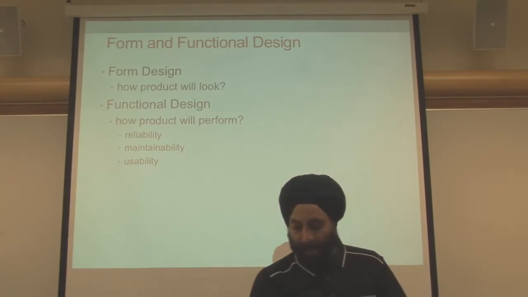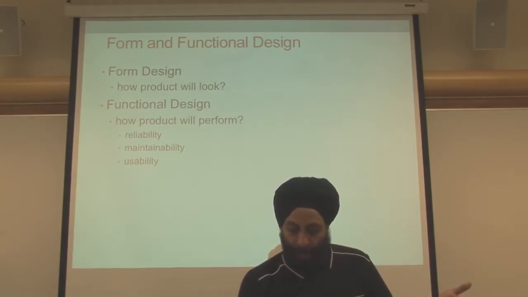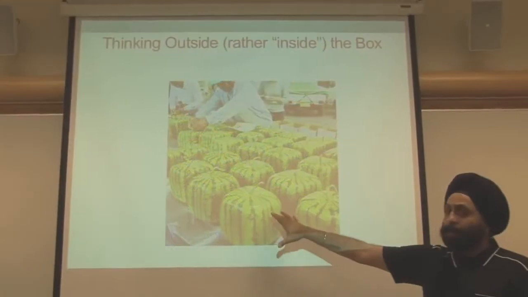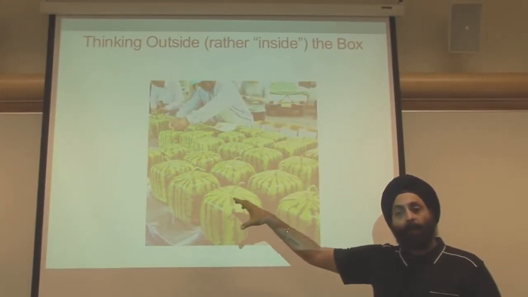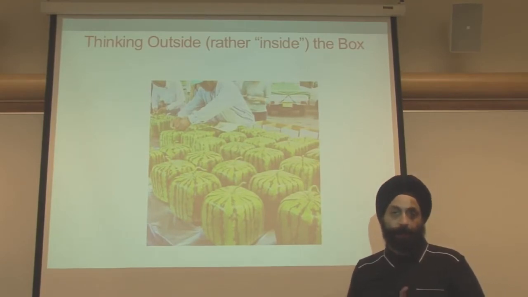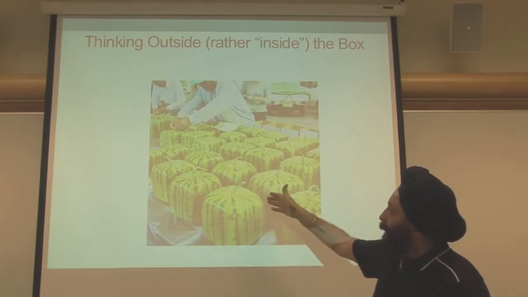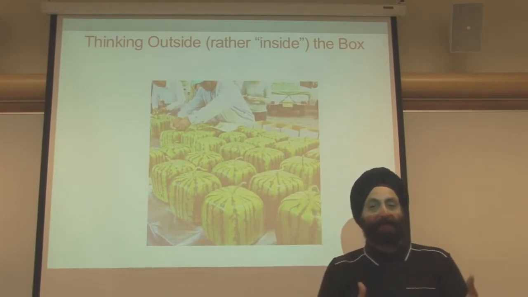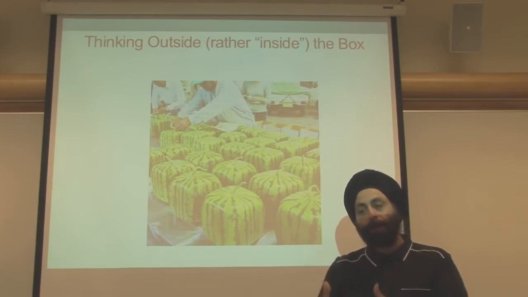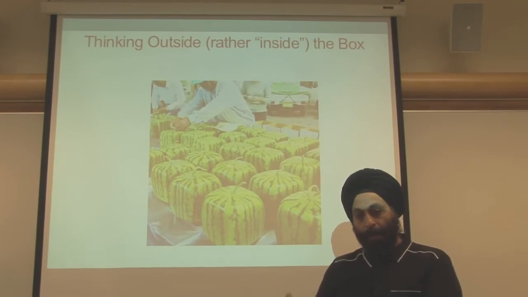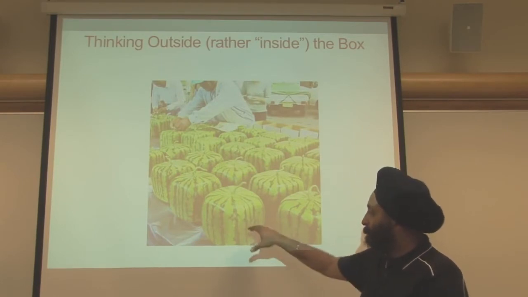So here is an example from Japan of a product which is thinking outside, or in this case inside, the box. This is based on the needs of the stores there. Watermelons typically have a spherical shape, which makes them harder to put on a shelf unless there are other constraints around them.